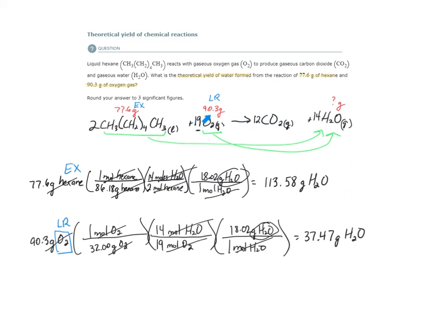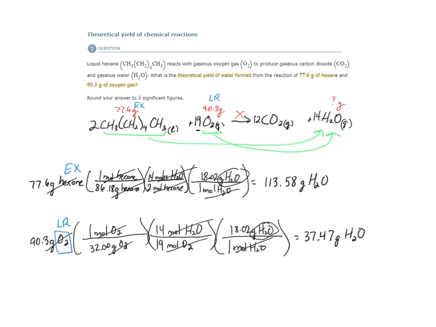It'll run out first. When there's no more oxygen, the reaction stops, and we won't form any more product. When the reaction stops, we'll have some hexane left over. We can determine how much, but we can't figure it out from this information.